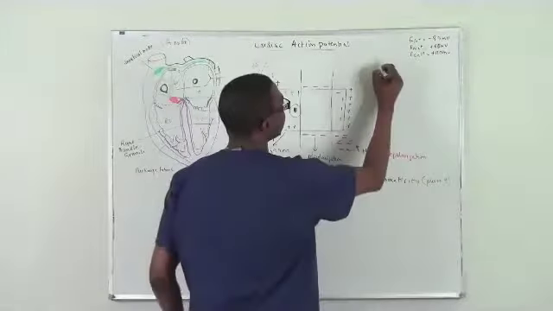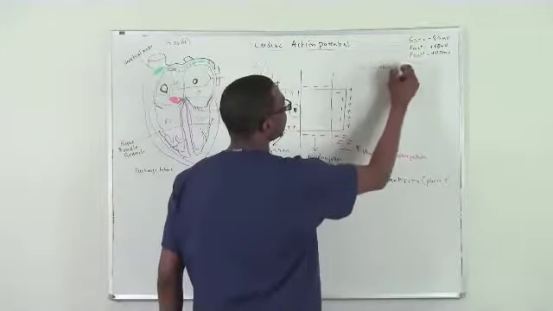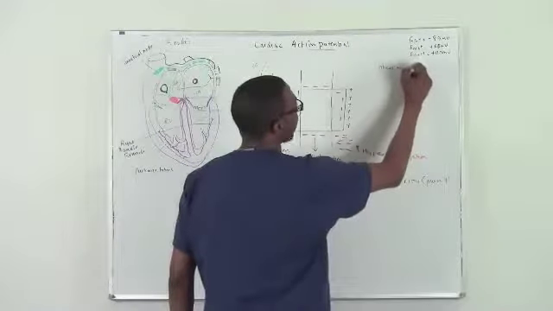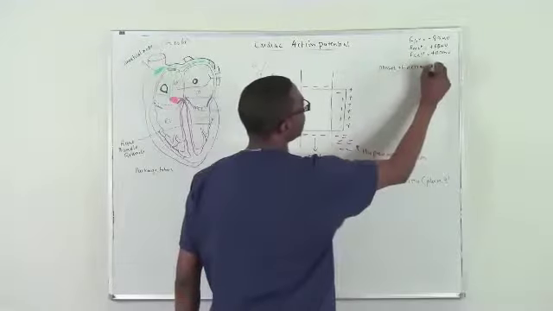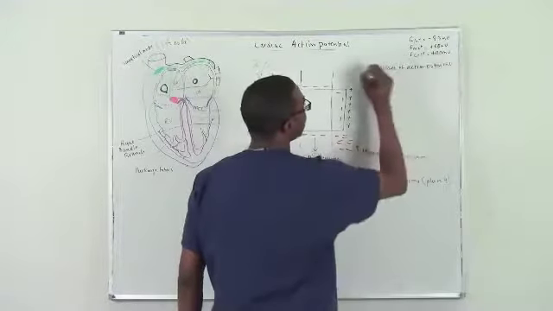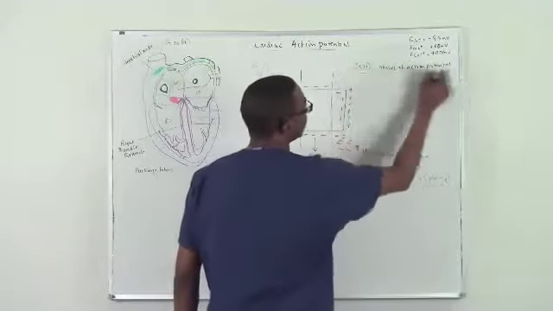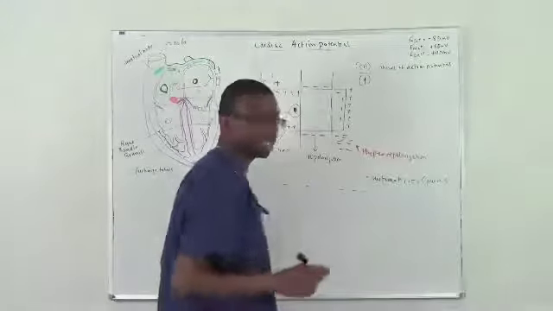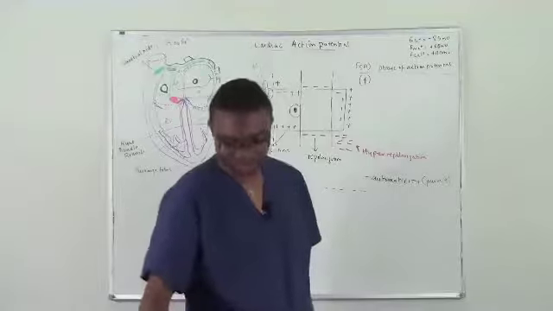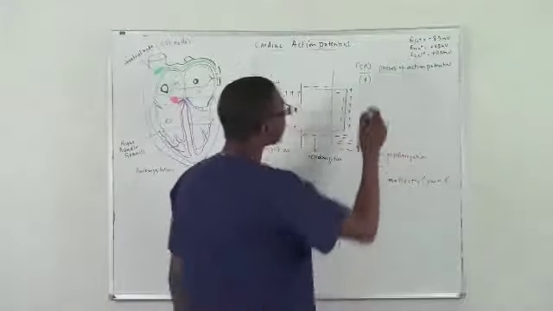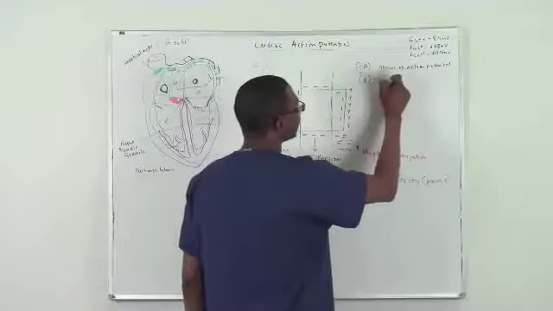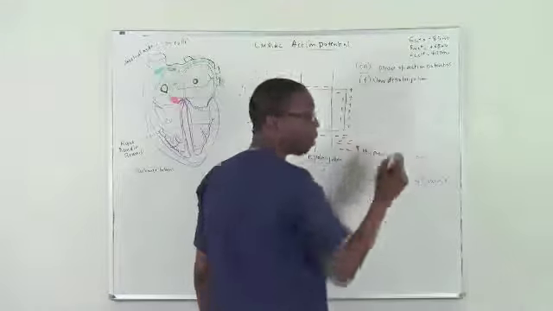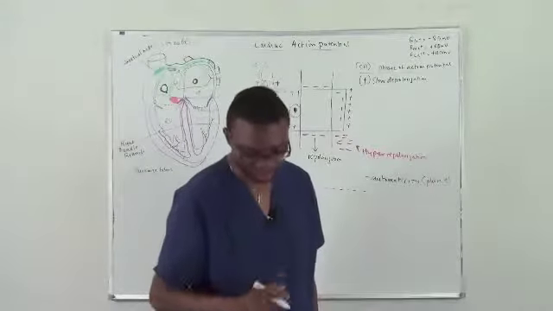So phase 4, phases of action potential at the SA node, okay? Phase 4, we're talking about depolarization using the sodium channels. All right, slow depolarization of phase 4 of the SA node.